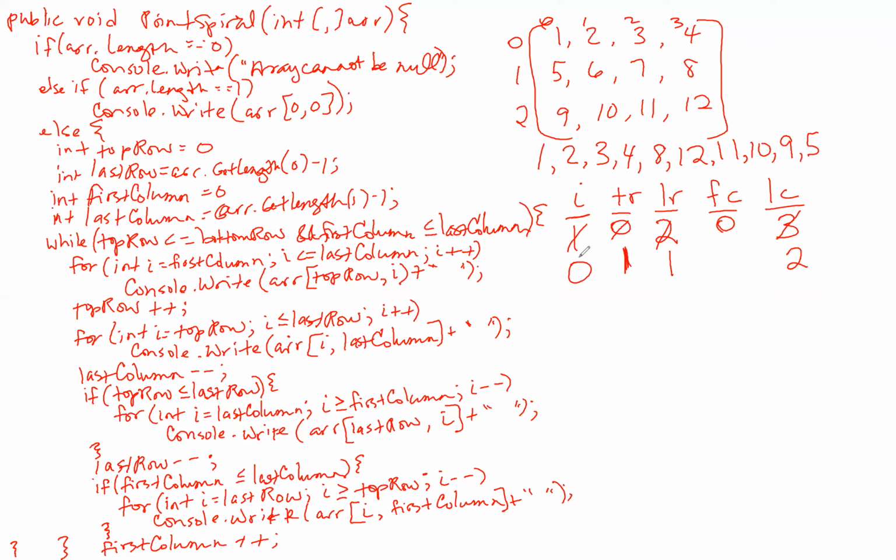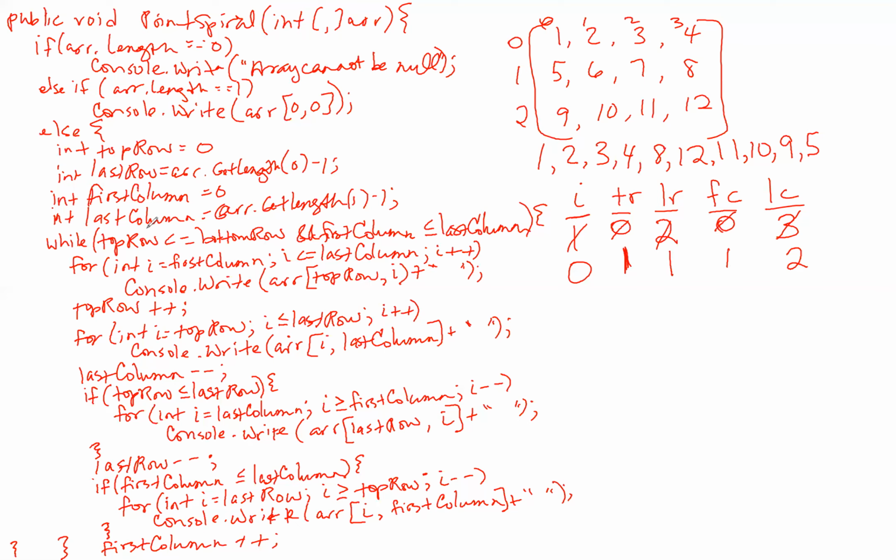And then first column plus plus becomes 1. Okay, so now we can loop through here to our while statement.